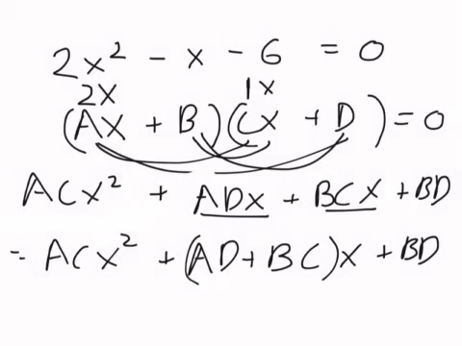Now I've got to find out what B and D are. There are many different ways to get minus 6. Don't forget, B times D equals minus 6. What are the different ways?